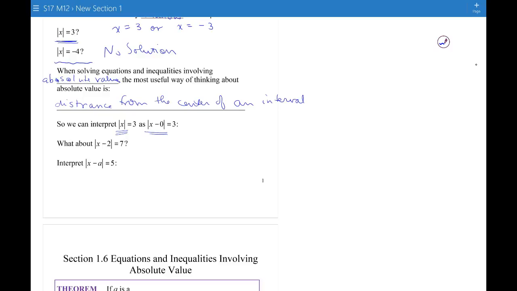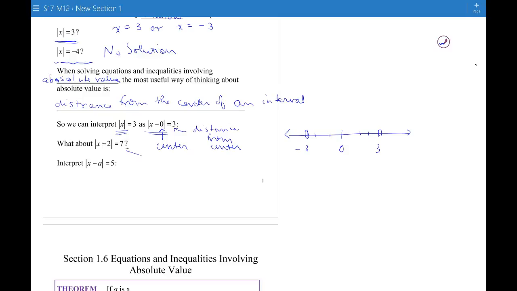So the only reason I'm doing this is so that you can see a pattern here. So this 0 we'll call the center, so that's the center of an interval. And then this 3 is the distance from the center. So you go 3 this way, 3 this way, and here are your two solutions, each 3 away from the center of the interval at 0.